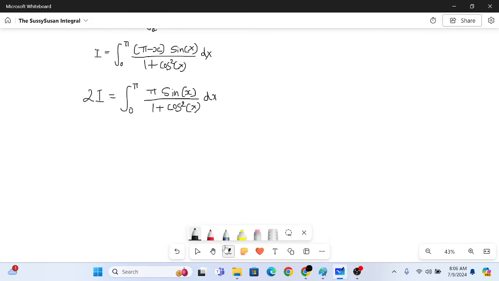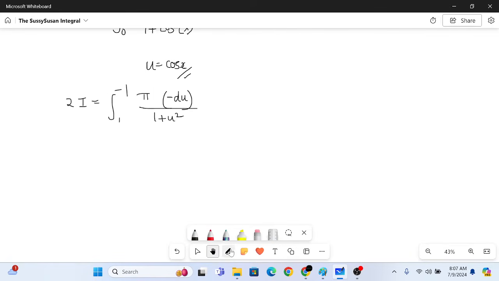Now after this, you just need some easy u substitutions and you get the answer. If you substitute u as cos x, then you are definitely going to get the solution. This will be integral from 1 to minus 1, and then pi, now sin x dx will just be minus du by 1 plus u square. Now the negative sign can be used to reflect the limits of the integral, and we get 2I is equal to pi times integral from minus 1 to 1 du by 1 plus u square.